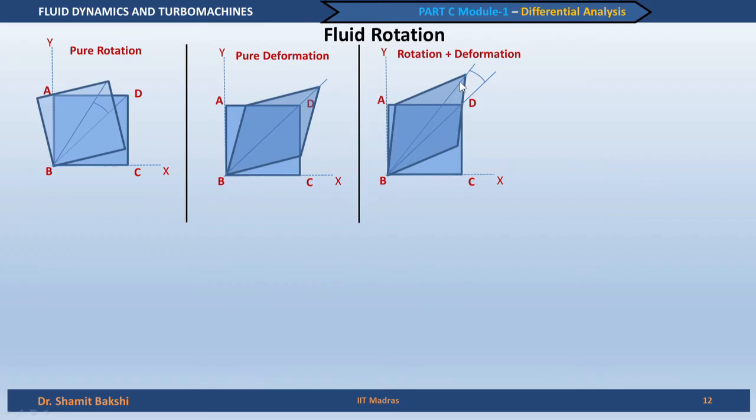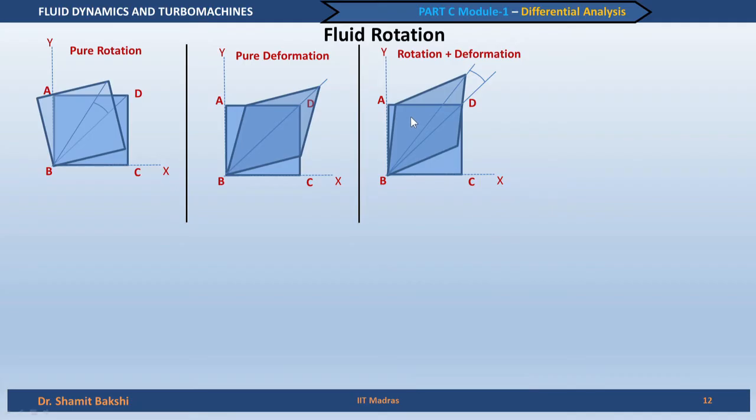That means some parts of the fluid element have undergone some net rotation, in the sense that you do not have an anti-clockwise rotation of a part of the fluid element for every clockwise rotation.